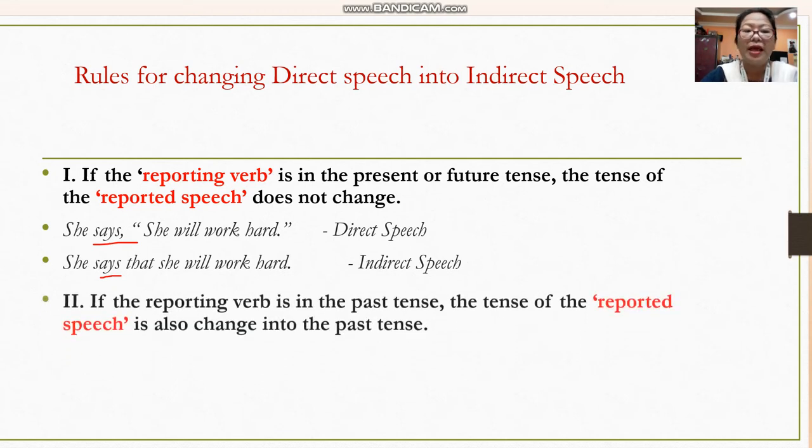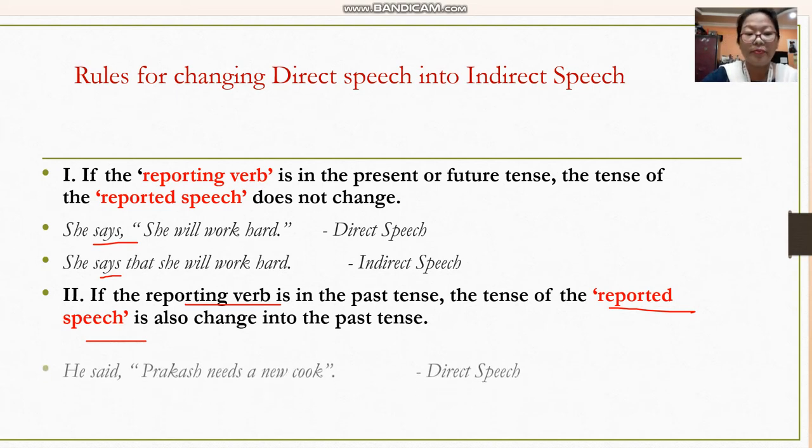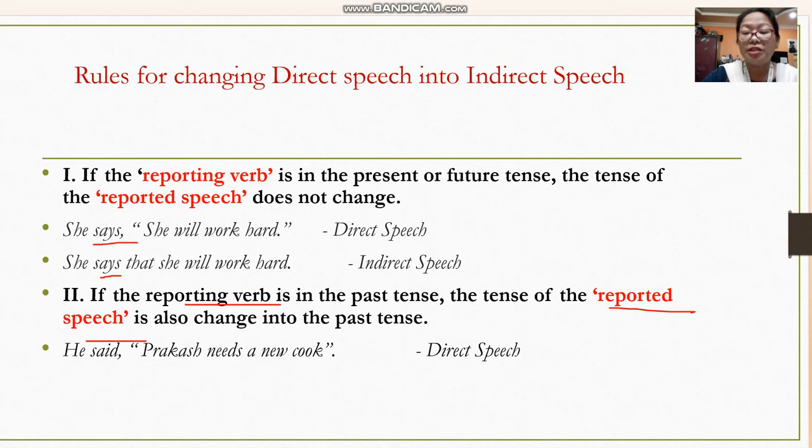If the reporting verb is in past tense, that means here it is "says", which is in present tense. But if it is in a past tense, the tense of the reported speech is also changed into the past. Remember, the sentence inside the inverted commas is the reported speech. Here, he said, "Prakash needs a new cook."